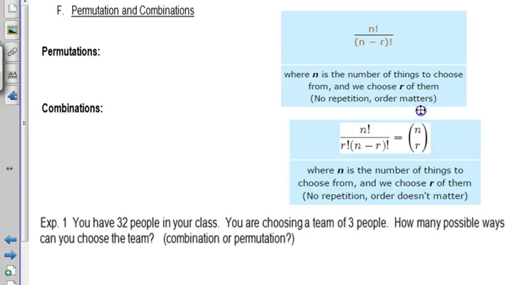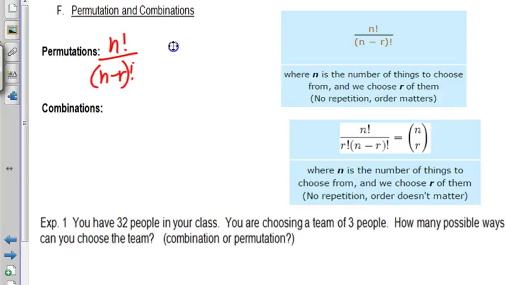You can't have repetitions, then it's a permutation. And this is the formula, which I am never going to make you use. Oh, factorial is on the outside. That factorial means you're counting down. Like 8 factorial is 8 times 7 times 6 times 5 times 4 times 3 times 2 times 1. You should have all had some of this last year, okay?